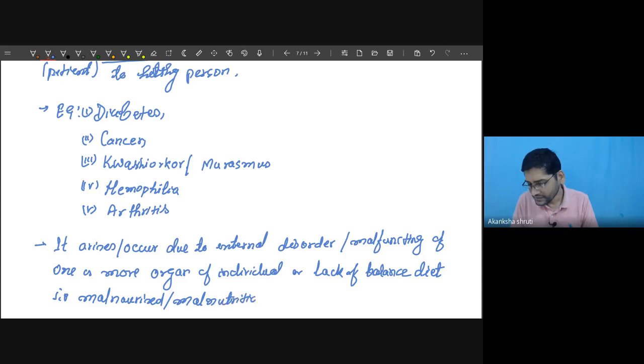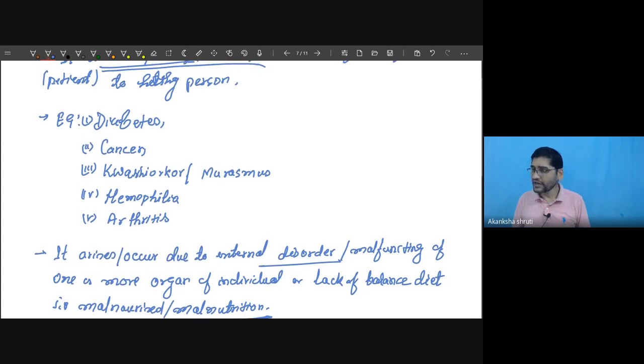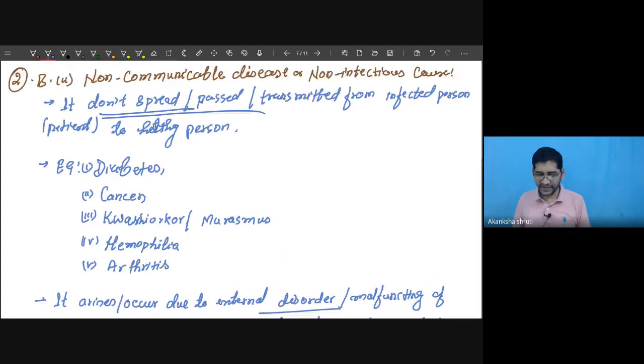Getting it, student? So this malnutrition means poor eating habit or poor diet, or a certain organ starts disordering, means malfunctioning, then this arises.